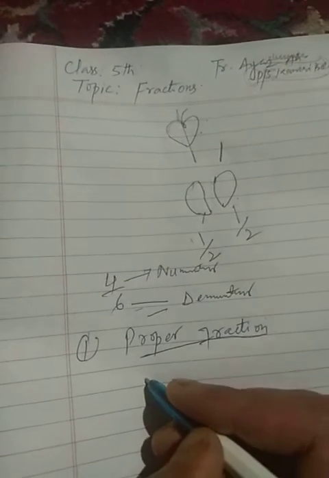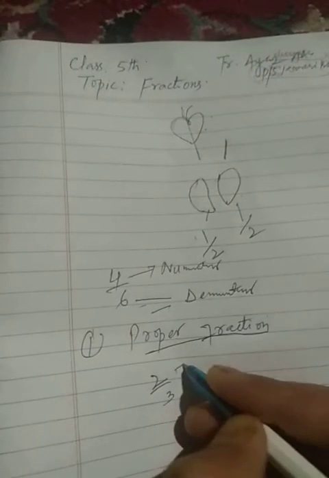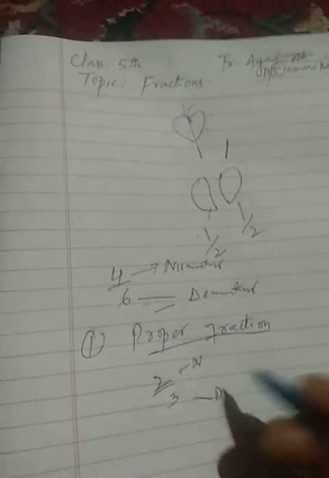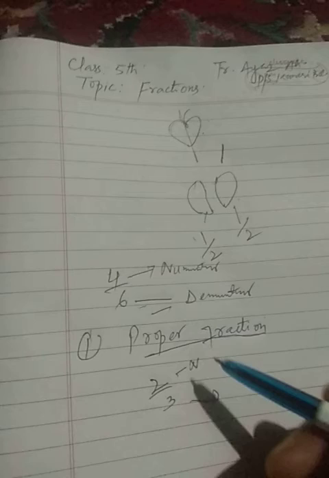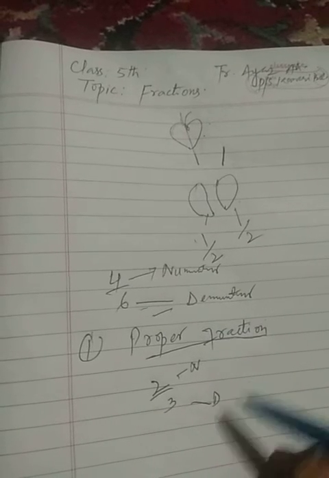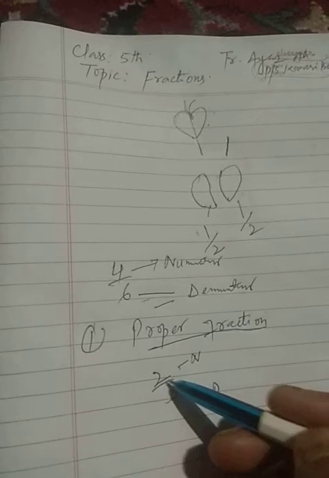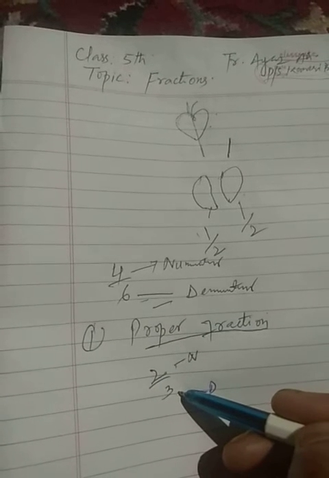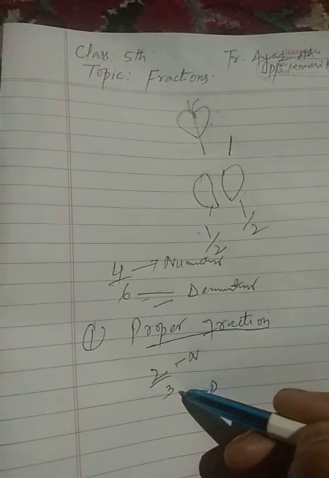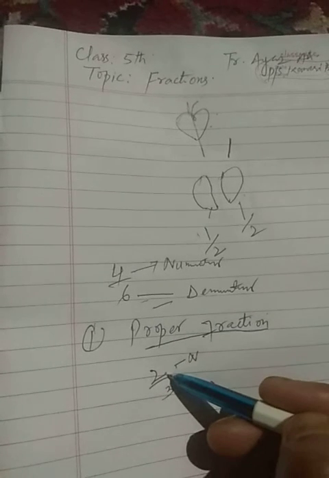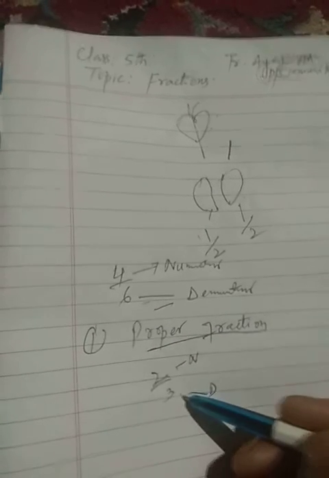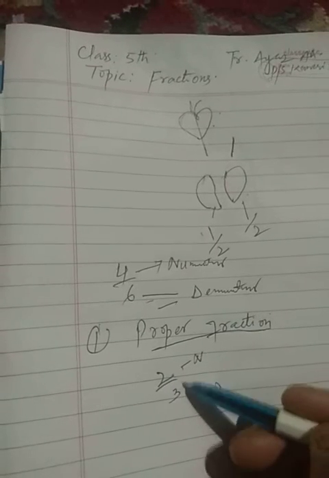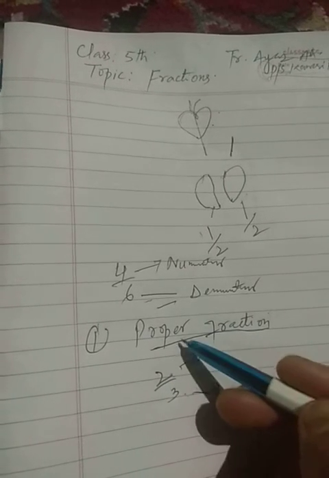For example, 2 by 3. We see over here 2 is the numerator and 3 is the denominator, and the numerator 2 is less than the denominator 3. So these types of fractions are called proper fractions.